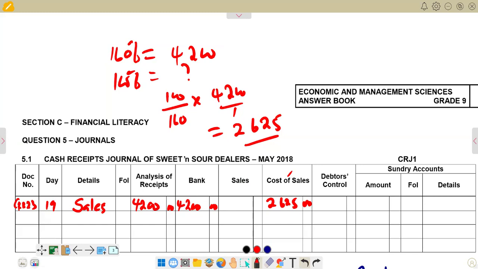We are not supposed to post it here, we just put it in the column of sales. So this is what we have in terms of this transaction of cash sales. We can go back to check on the next transaction that we have according to this question.